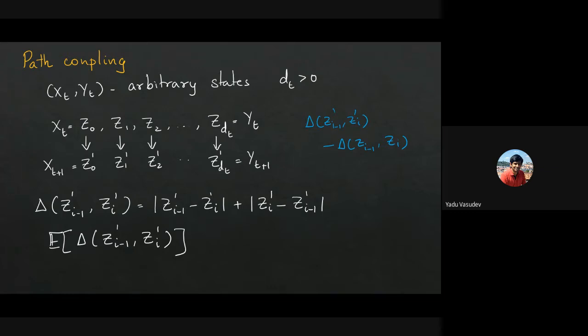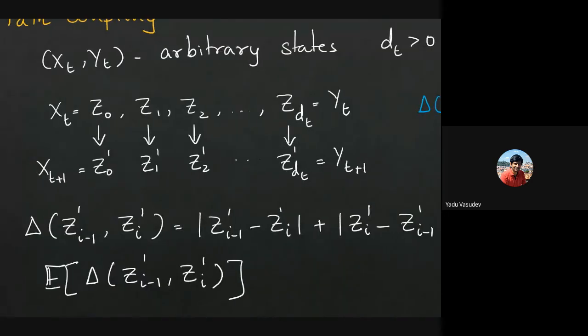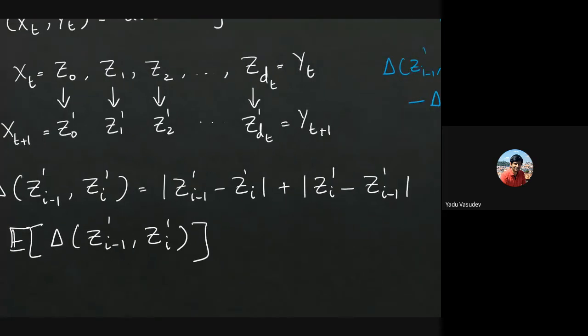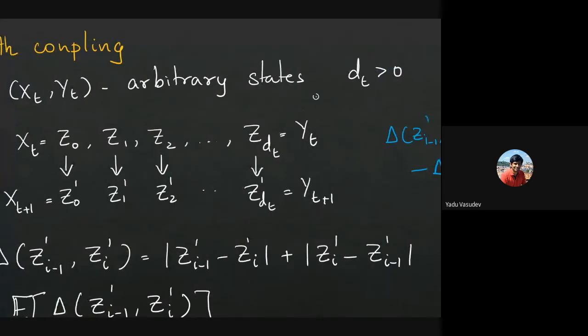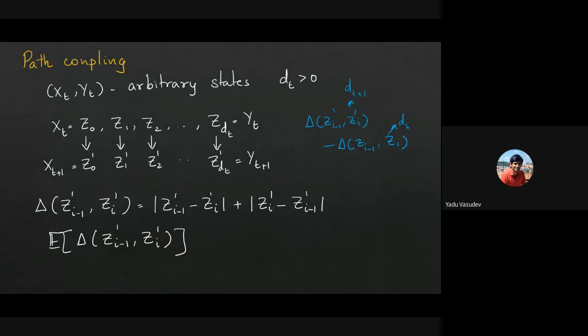This was dt plus 1, and this was dt. So what you can say is that this quantity must be at most 1.